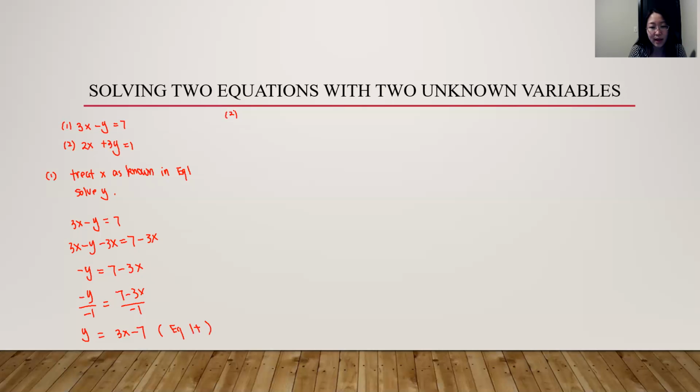So the second step, we're going to plug this equation 1 plus into the second equation and solve for x. So the second equation is 2x plus 3y equals 1, and y equals 3x minus 7.